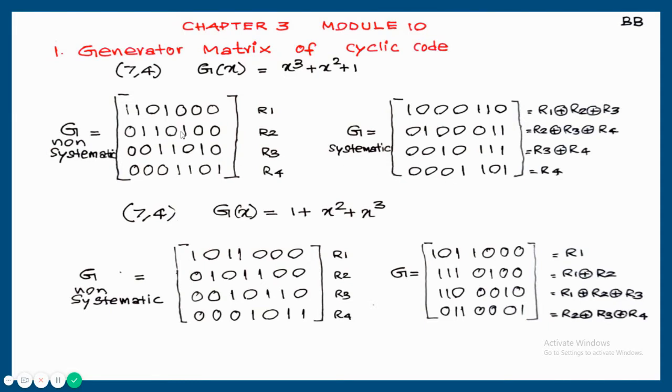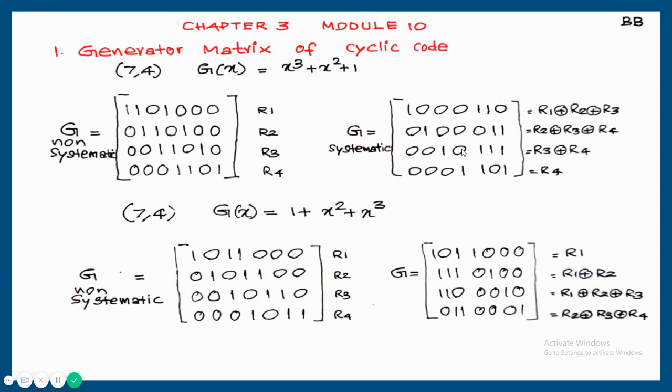So this is the non-systematic generator matrix and this is the systematic generator matrix. This systematic generator matrix can be directly obtained by calculating systematic cyclic codes. The first row is the systematic cyclic code of 1, 0, 0, 0. The second row is the systematic cyclic code of 0, 1, 0, 0.